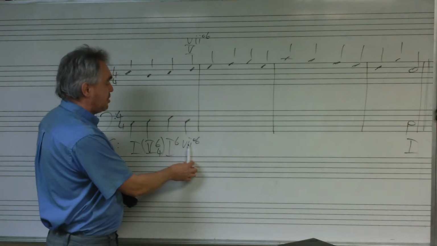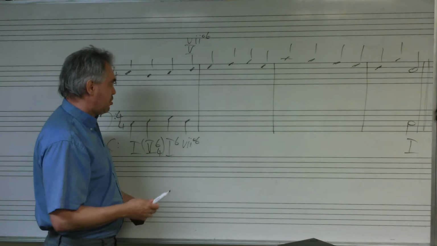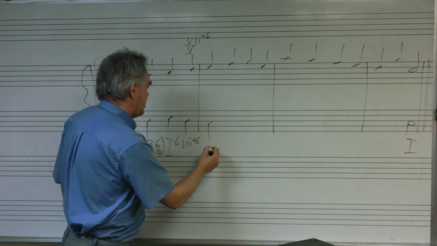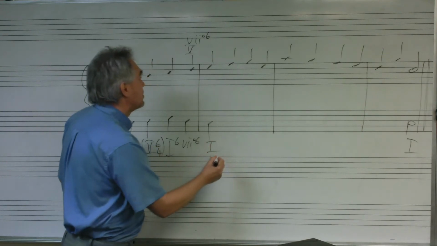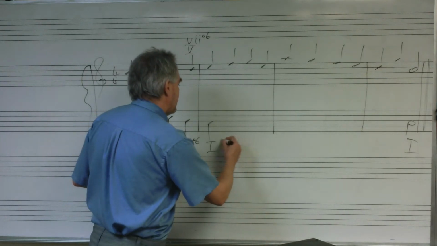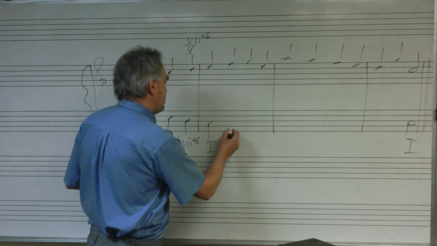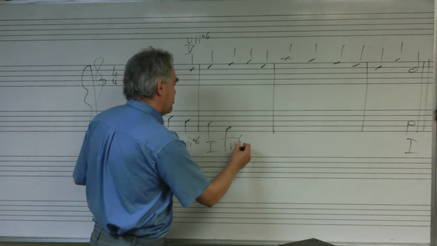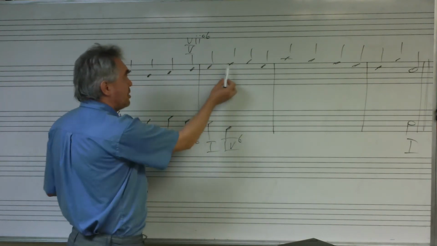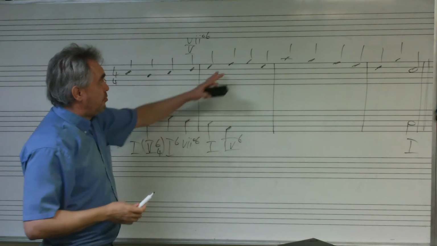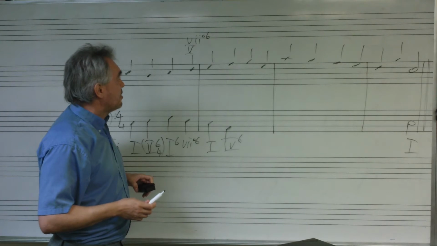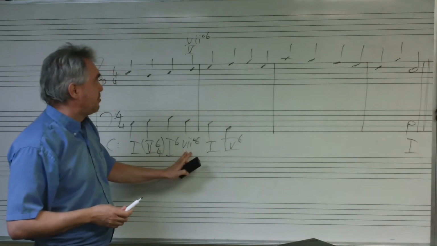Now after a Roman vii we want to have a tonic chord, so we could go back to I. We can possibly go to IV here, maybe even IV in first inversion if we go down to the A, since we have the F. So F could be harmonized with a IV chord or with a ii chord, or with Roman vii again, but we had Roman vii here earlier.